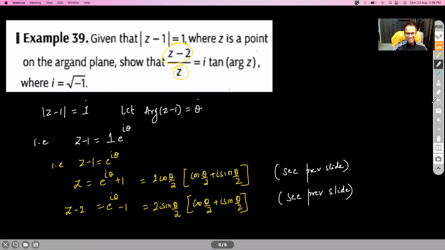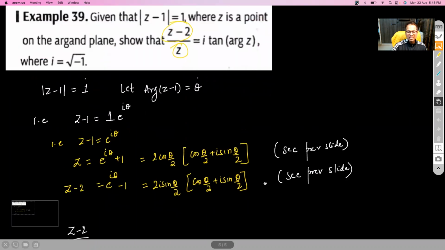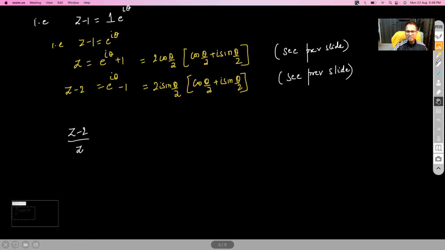Correct? Okay. Now, as per our given expression, we have to prove that (z minus 2) by z is i tan of the argument of z, right? So let us write down our left hand side. Whatever we want to prove, on the left hand side I have to write the value of that. So z minus 2 by z is (e to the power i theta minus 1) by (e to the power i theta plus 1).